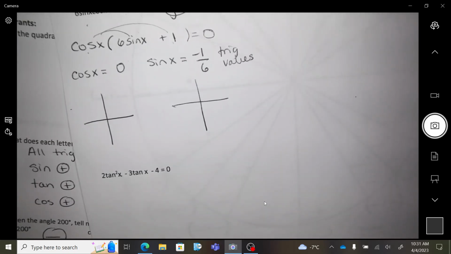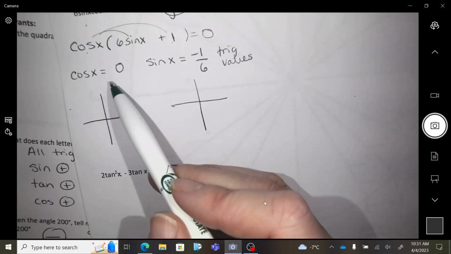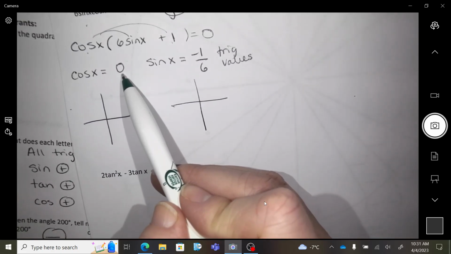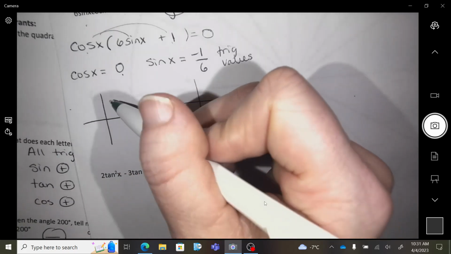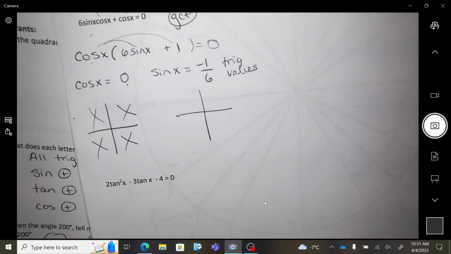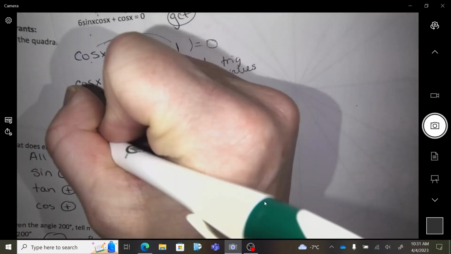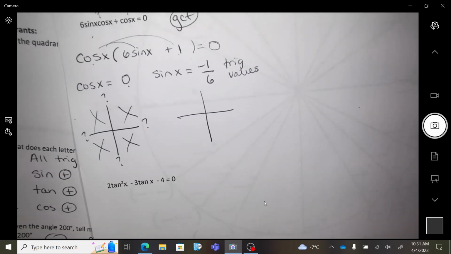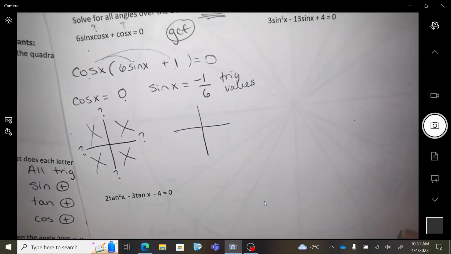Okay, where is cos located? Where's the angle located if the trig value is 0? 0, 180. It's not in the quadrants. So which line would it be? Can we cheat? Can we go up here?